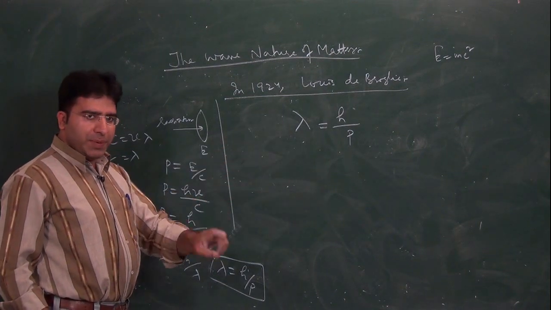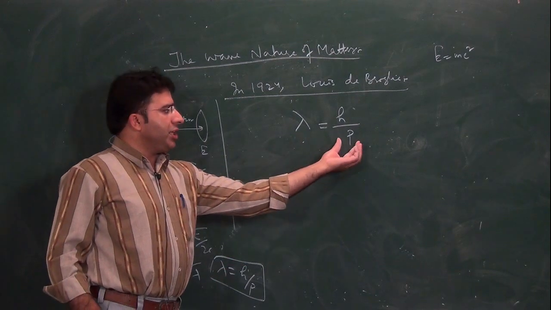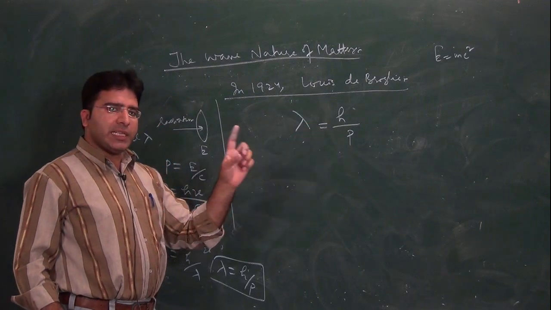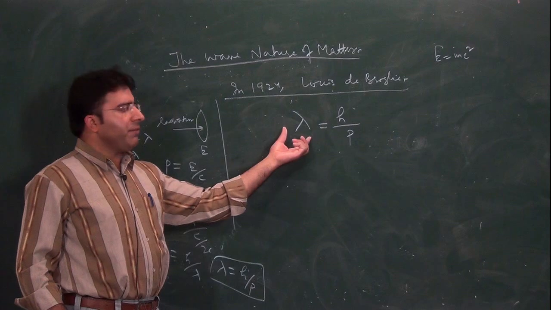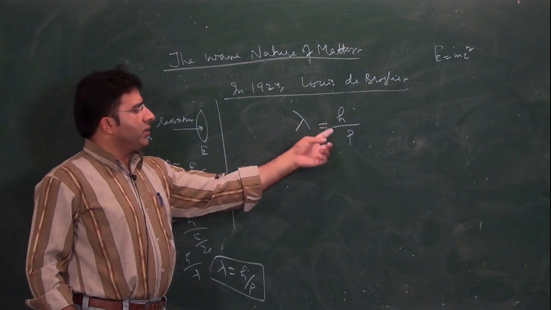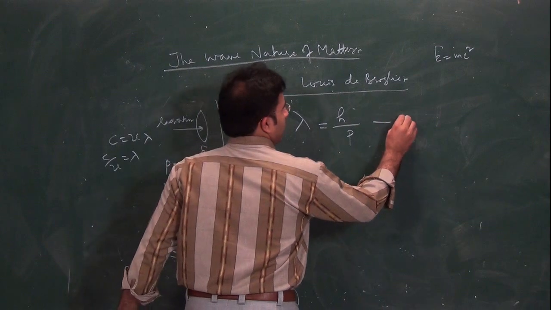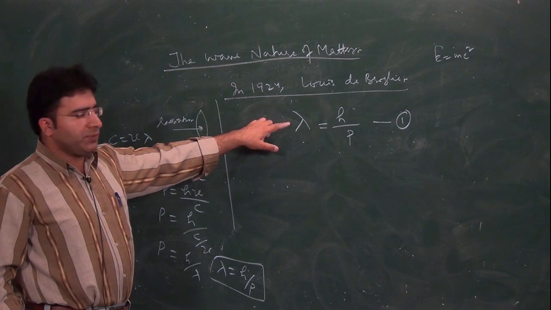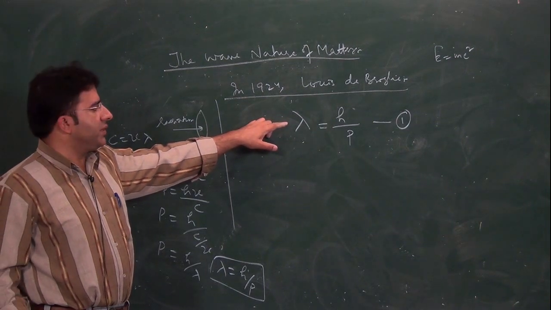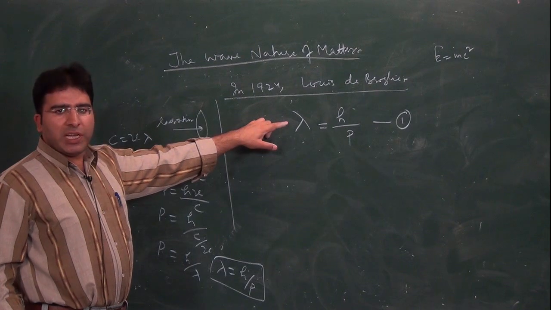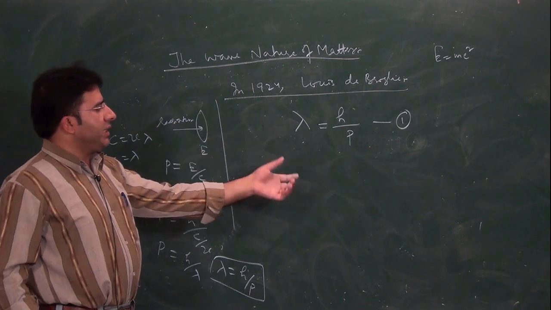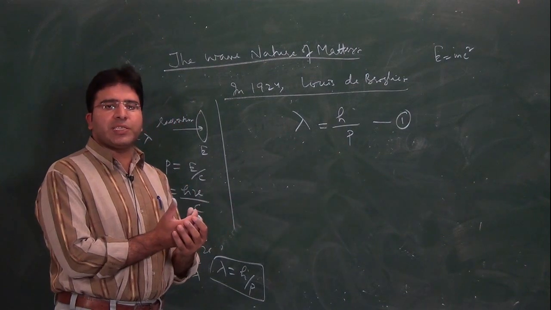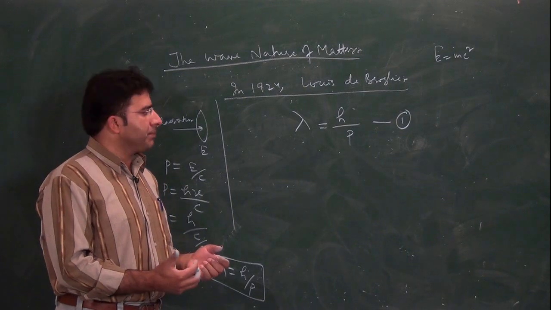This is called now de Broglie's equation. When we calculate the wavelength of some material particle from this equation, we say we have calculated its de Broglie wavelength.